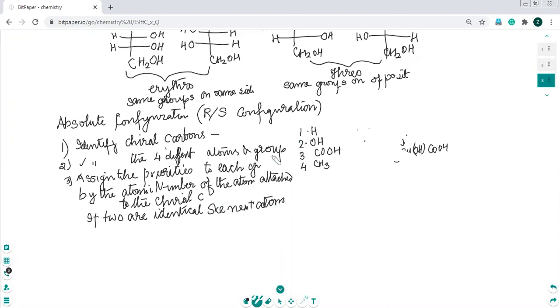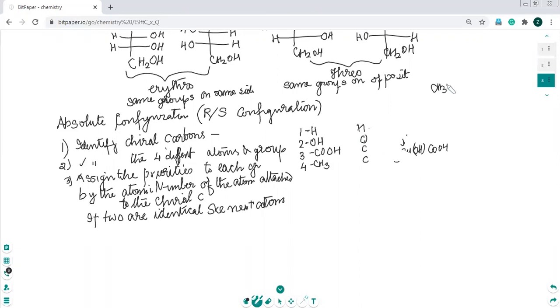Now let us see here. This OH is attached to the carbon. H is attached to the carbon. Here the carbon is attached to the carbon, and this carbon is also attached to the carbon. So we have H, O, C, and C attached on the molecule.